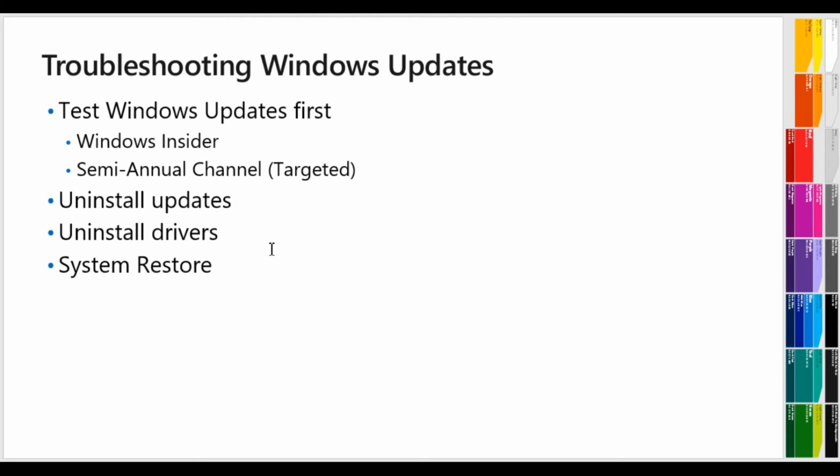And after that, you can uninstall the updates. Sometimes certain drivers can make a problem as well. After you install a driver, it may make a problem inside your Windows because it is not compatible. So if you delete or uninstall that one, that may resolve the issues. And system restore, this is another option we have.